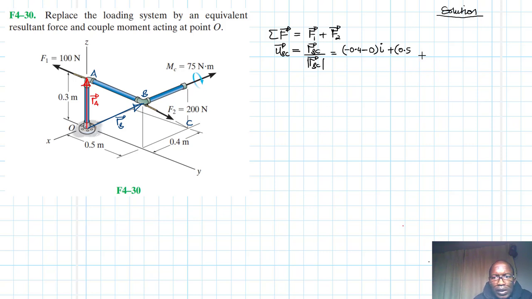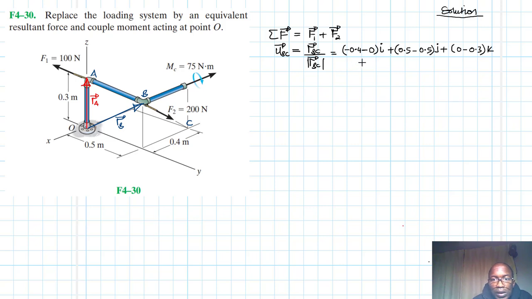Okay, so this one is plus 0.5, and then the coordinates of B in the Y is the same value, right? By J. Then plus the coordinates of C in the Z is 0, minus coordinates of B in the Z is 0.3.